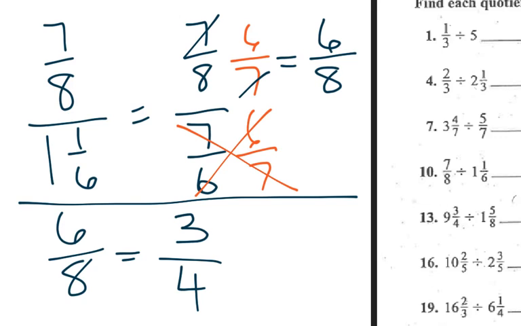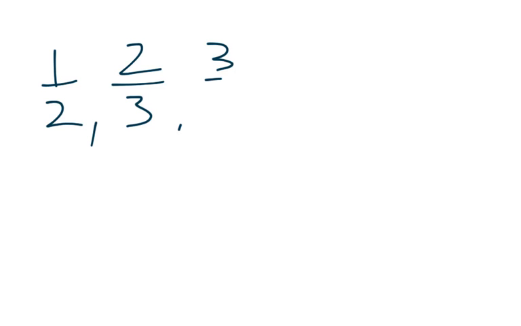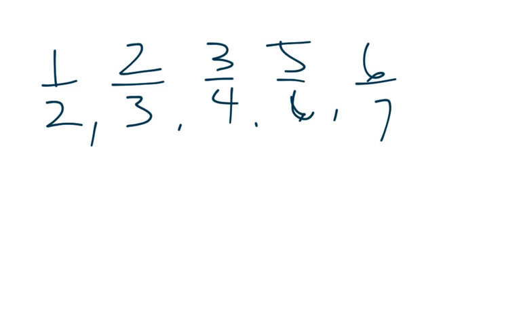I know I'm done because 3/4 cannot be reduced because 3 and 4 are side by side on a number line. For example, 1/2, 2/3, 3/4, 5/6, 6/7, 7/8, and so forth. None of those can be reduced because they're side by side on a number line.